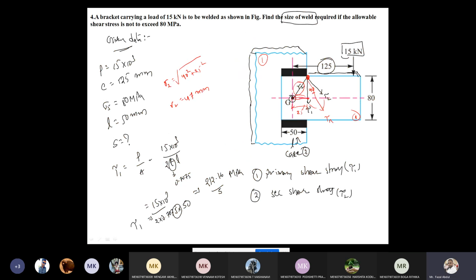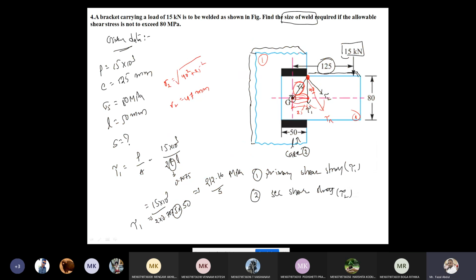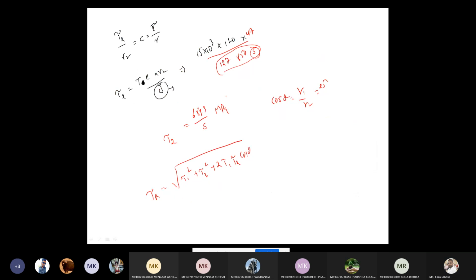This one is R2. So R1, how much? R1 is 25. R2, how much? Just now we got the R2 value, here to here, 47. Now what is cos theta? Cos theta is 0.532.